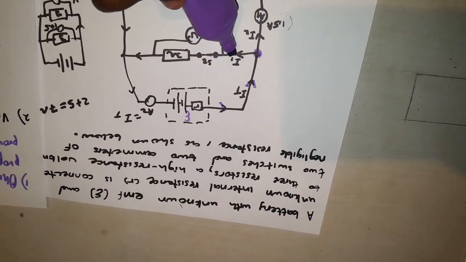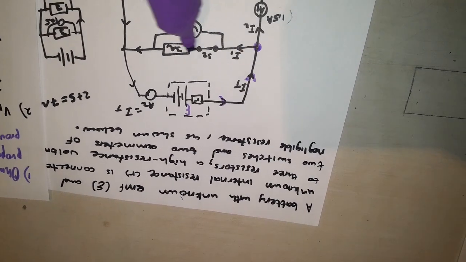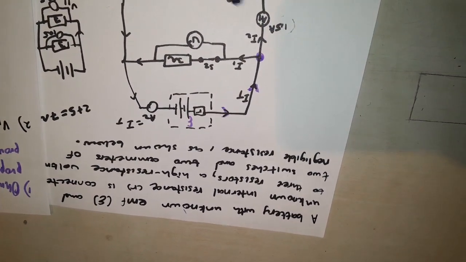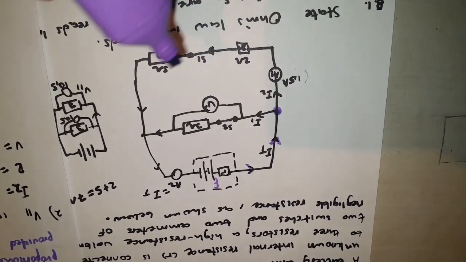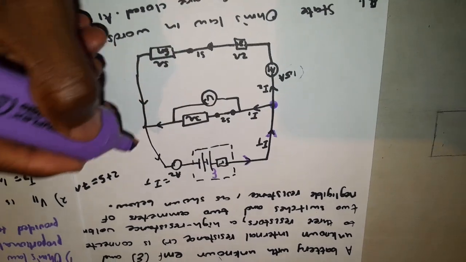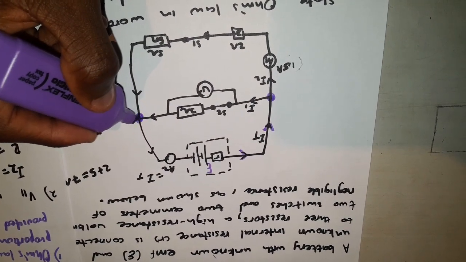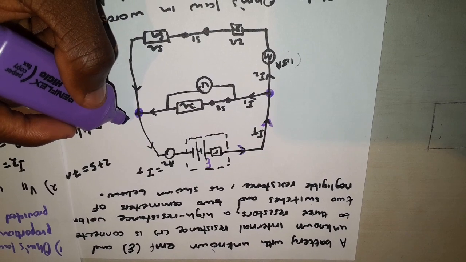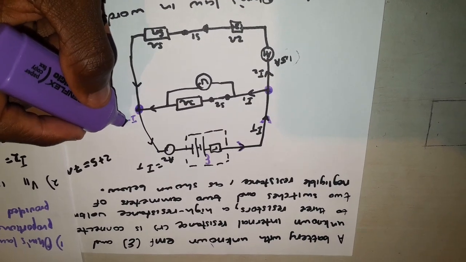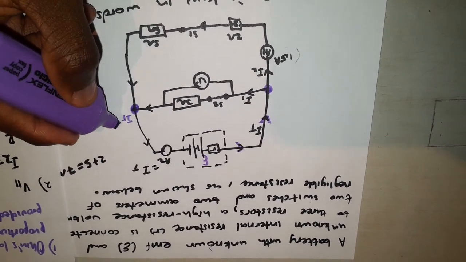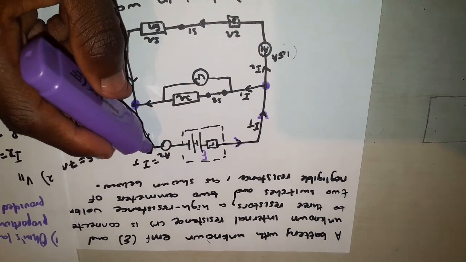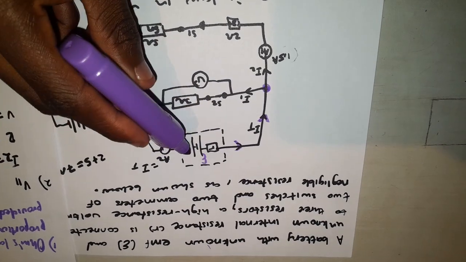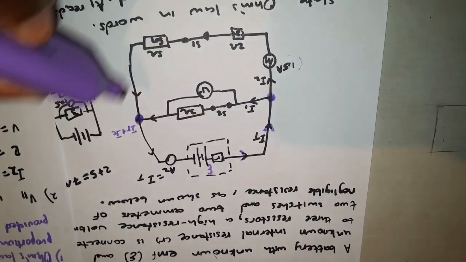This route we call I1, the first current in the first passage, and this one we call I2, the second current in the second passage. Then they meet up again and join again as the total current, which is I1 plus I2, then they go back to the battery again and again. It is a cycle just like that.